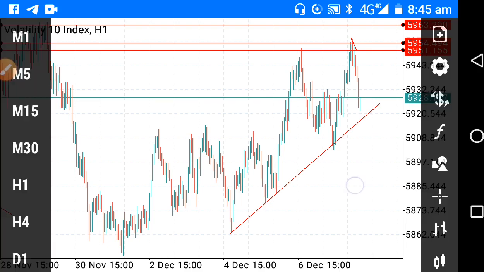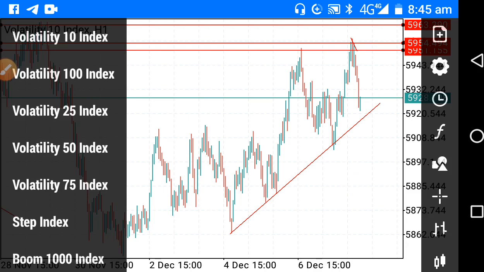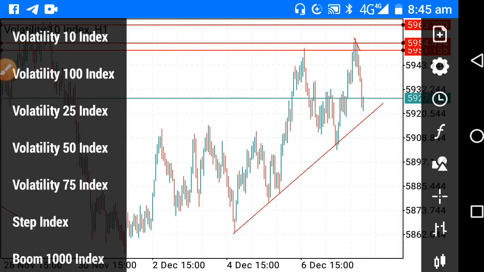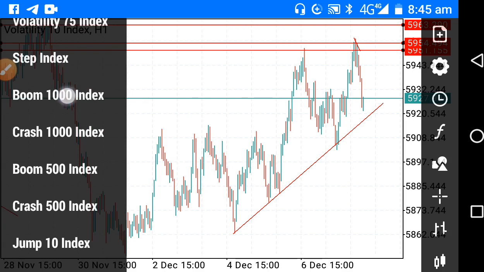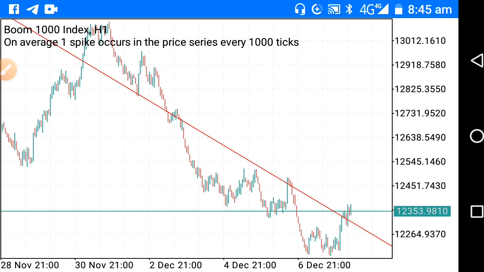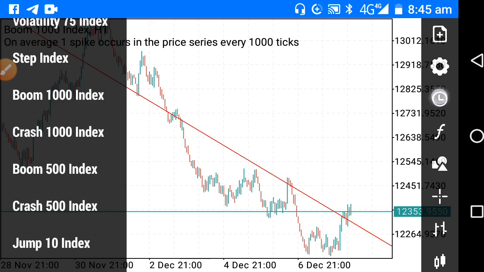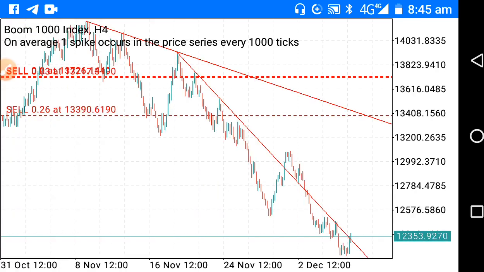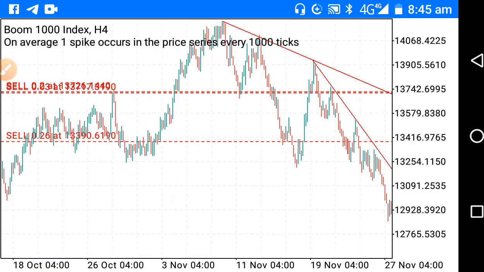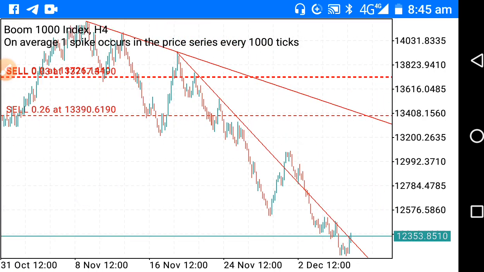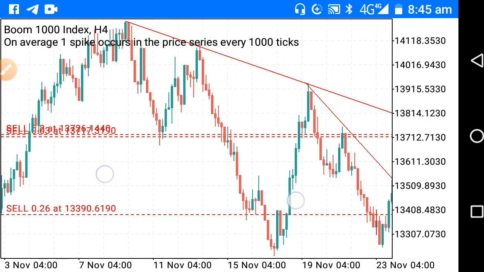So let me take one other volatility, or let's go to this boom and crash that people are talking about. Let's look at Boom 1000, because most persons say those things have their own strategy. If you look at boom and crash on 4 hours, you can see that this strategy is already playing out.